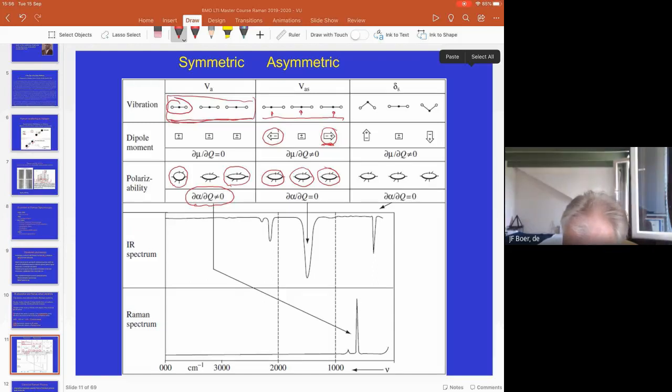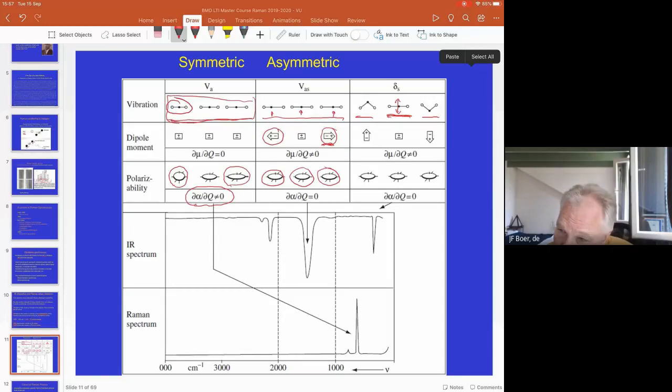Here the molecule is in its rest state, but now the carbon in the center is moving up and down. To the left, the carbon is above the 2 oxygens, and here the carbon is below the 2 oxygens. So this is what we call a bending vibration of the molecule.